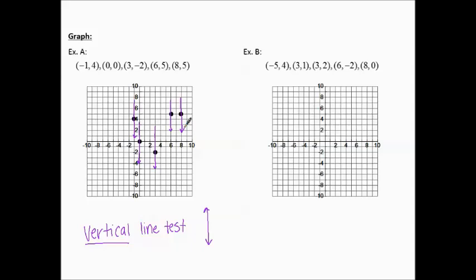Now, what I'm looking for when I'm asking, is it a function, is how many points did I hit when I drew my vertical line? Each time I drew my line, I only hit 1 point. So this passes the vertical line test because it only hit 1 point. So yes, that is a function.